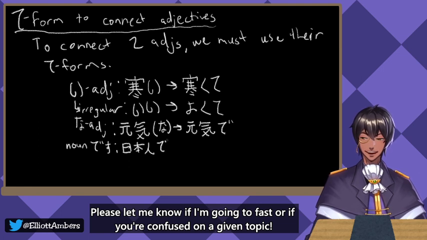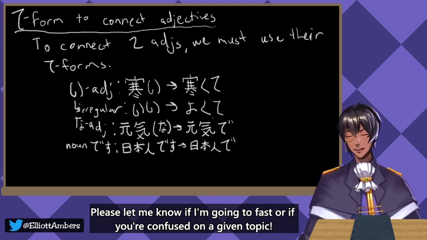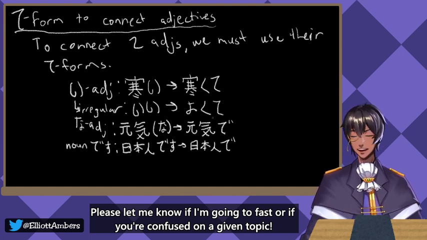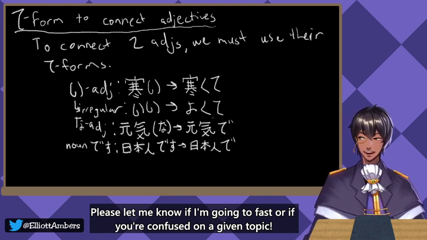Nihonjin desu simply turns into Nihonjin de. And that's it. Those are all the rules we need to know. That's it for adjectives. It doesn't get any more complicated than that. I turns into kute, na turns into de.